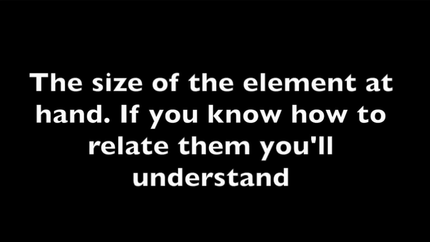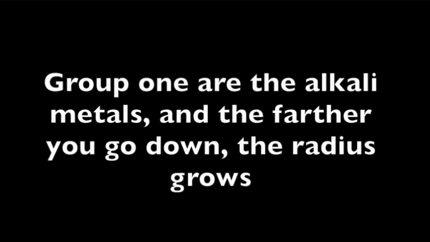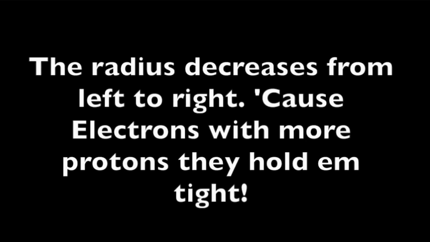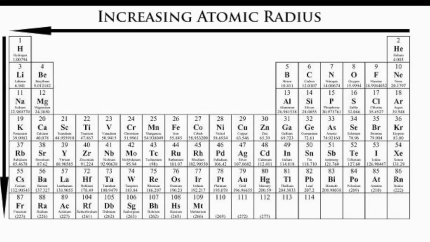If you know how to relate them, you'll understand. Group 1 are the orbitals, and the farther you go down, the radius grows, cause electrons and protons are increasing, filling more shells, but you wait and see. The radius decreases from left to right, cause electrons with more protons, they hold them tight. They pull real close and decrease the size, and then it jumps down to the next alkali.